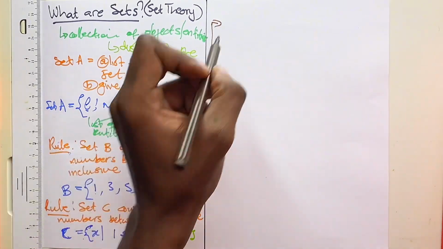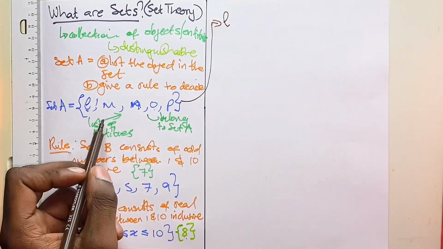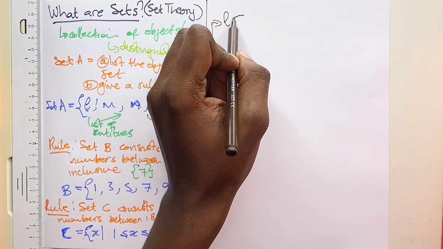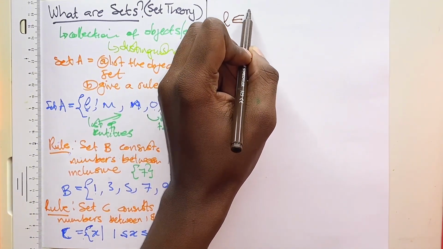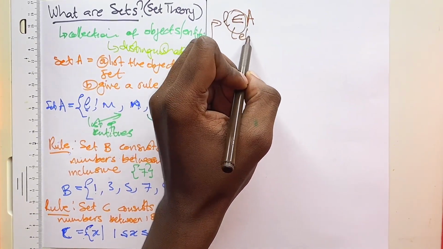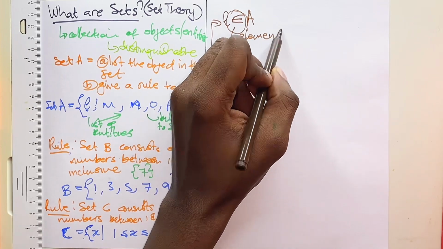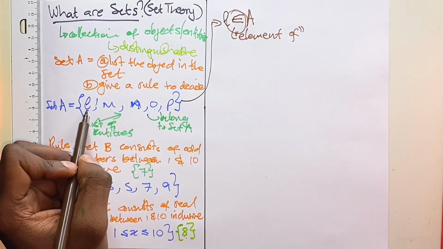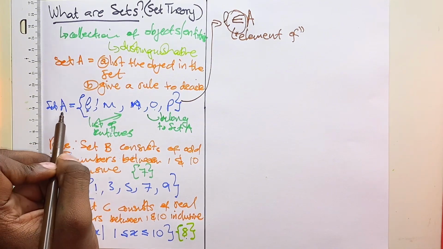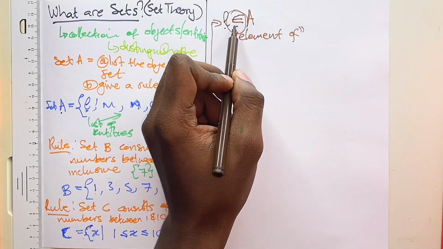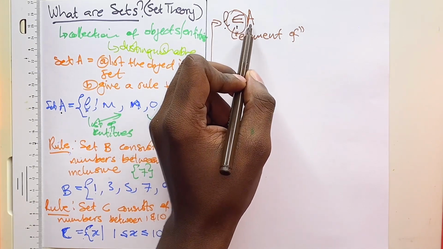Since L belongs to set A, we are going to write a nice ∈ here and write A. This notation stands for "element of." That's how we write it. So since L belongs to set A, in this notation it represents that L is an element of set A.